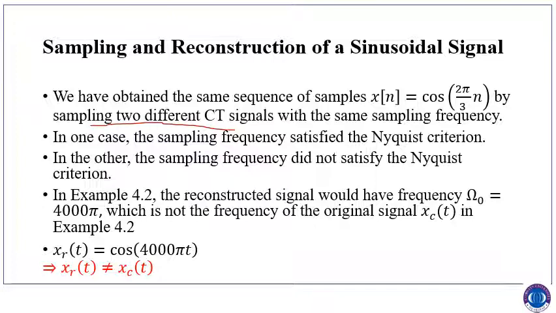If we sample them with the same sampling frequency, we obtain the same discrete time signal. In one case the sampling frequency satisfies the criteria, in the other case it does not. In example 4.2, the reconstructed signal would have frequency 4000 pi, which is not the frequency of the original signal xc of t.